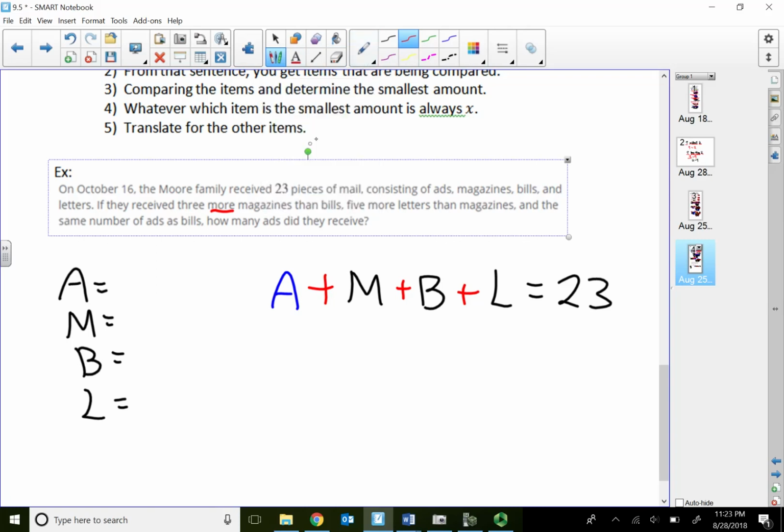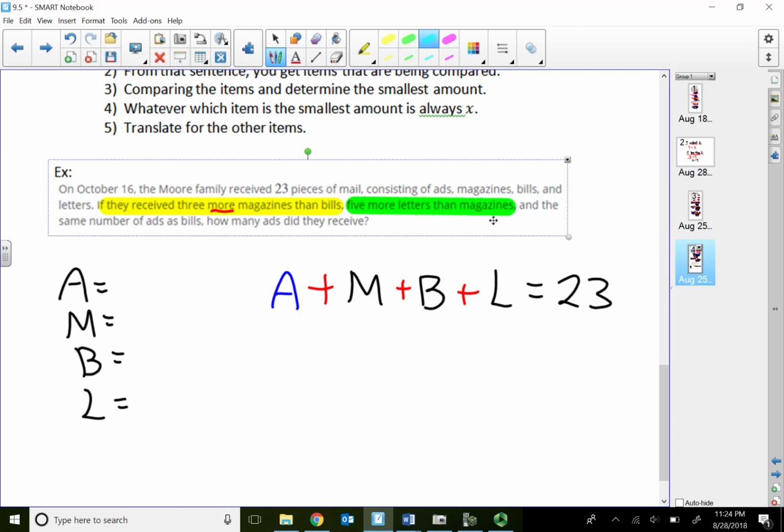So there you go, that's your first phrase. If they receive three more magazines than bills, comma, five more letters than magazines, comma, and the same number as bills, comma. The and joins the other phrases or dependent clauses to make a complete sentence. After the comma, you can see how many ads they received. That's the question itself. So other than the question itself, here are the three phrases you are looking for.